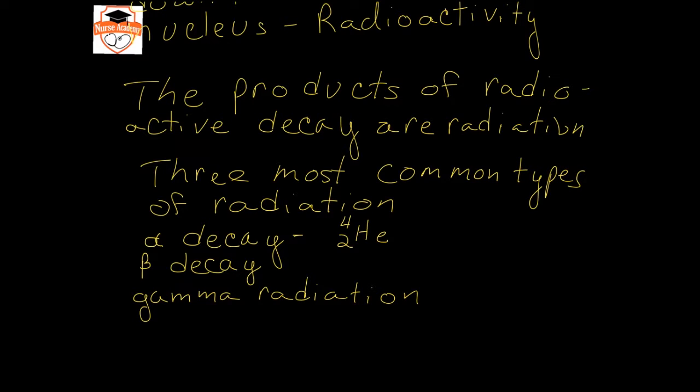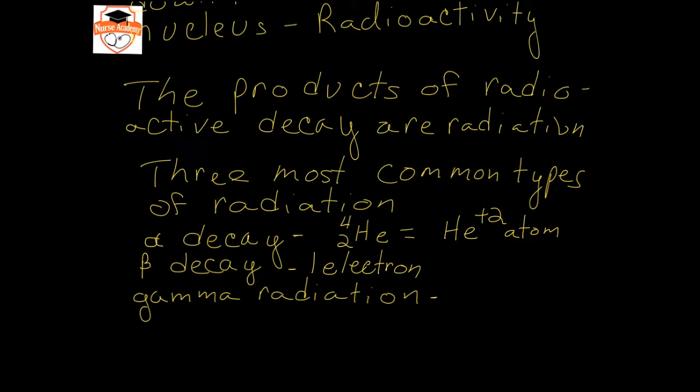That means that its mass number is 4, its atomic number is 2, so it has 2 protons and 2 neutrons, which is basically the same as a helium plus 2 atom, or a helium nucleus. Beta decay is 1 electron.